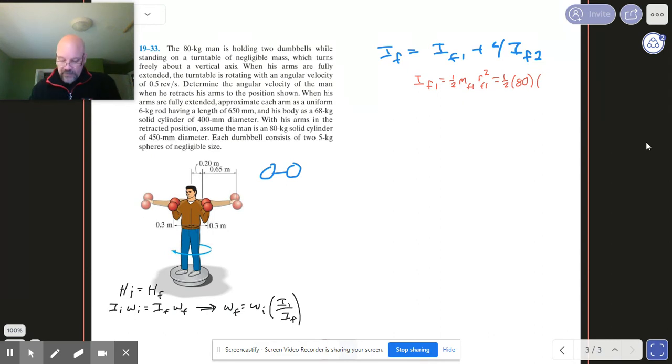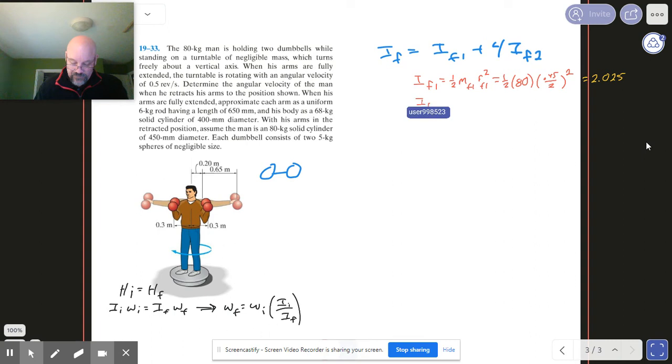His distance is 0.45, his radius rather, over 2. Okay, now we have to do that because they give us a diameter instead of a radius. Okay, but that's what we got to deal with. And when you do that, what you're going to get for that particular term is 2.025. Okay.